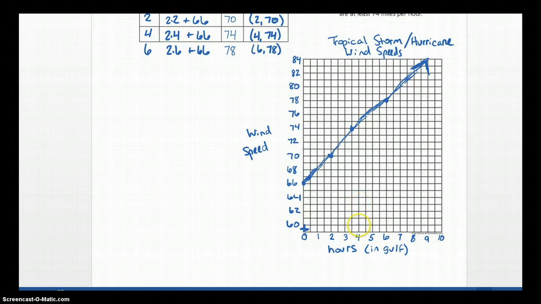We are at 4 hours, (4, 74). So 4 hours after the tropical storm enters the Gulf is when it will become a hurricane. So that is it for today.